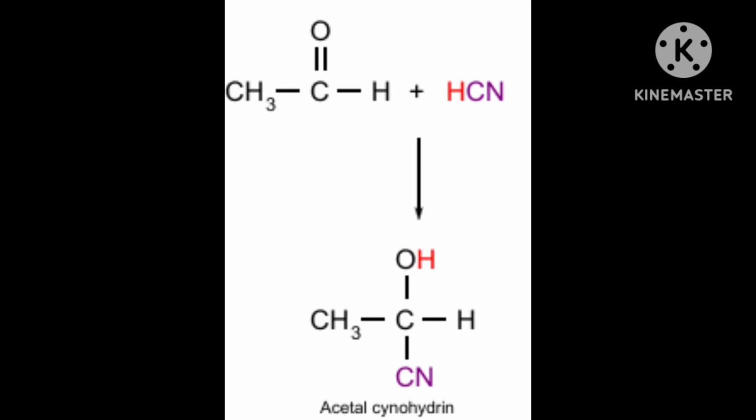Correct? After that, the second step is the proton transfer. SO3H is there, and that H will exchange with sodium. In the place of sodium, H will come, and in the place of H, sodium will go. This proton transfer happens only in the tetrahedral intermediate.